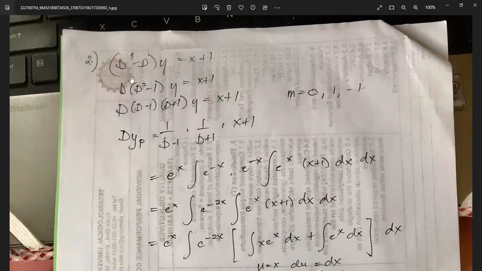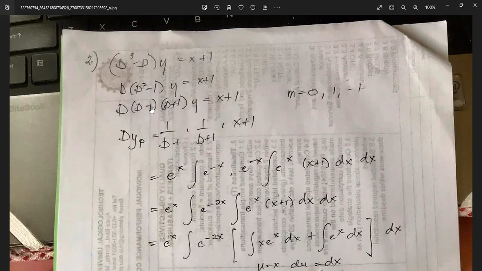This is how you properly factor D cubed minus D. The common factor is D, not D squared. In a lot of papers, the common factor is D squared. It should be D, giving you a multiplier, which is D squared minus 1. And this is also factorable: D minus 1 and D plus 1.